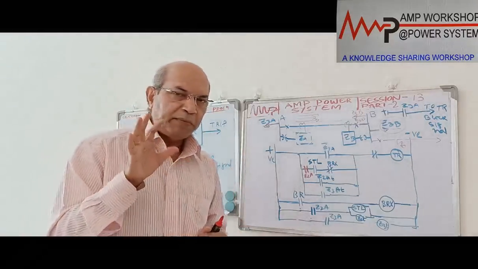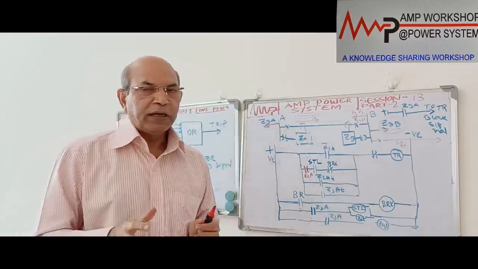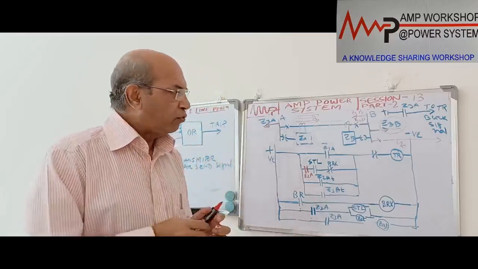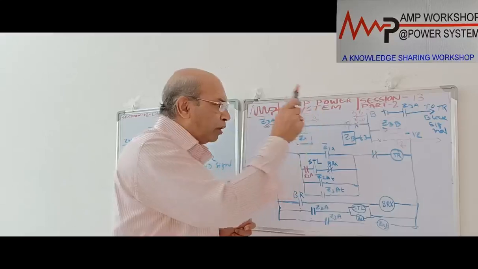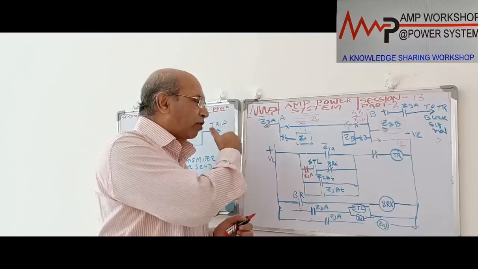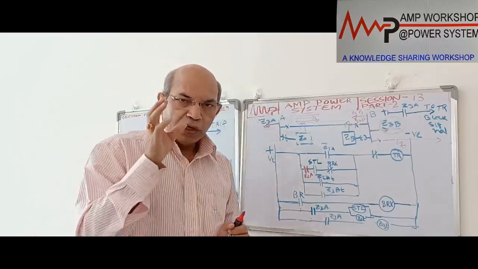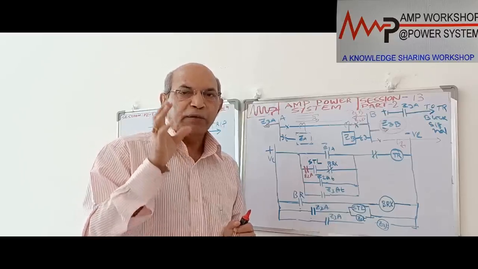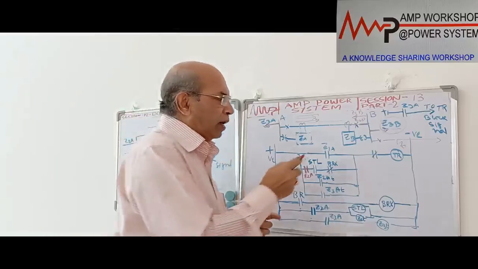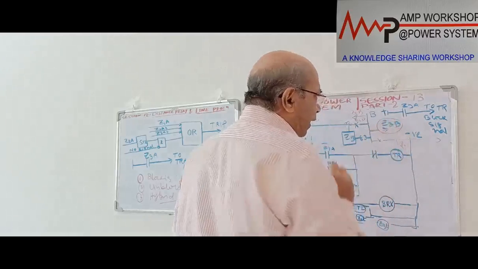Briefly, in a blocking scheme, the relay is a 3-step distance relay. There are 3 elements, Z1, Z2, Z3. Z1 and Z2 elements will be set looking forward along the line, and the Z3 element will be looking backward. This Z3 element will be used to issue a send signal, or the blocking signal, through the transmitter to the other end receiver. That means if the fault is over here, then the Z3 element will pick up.